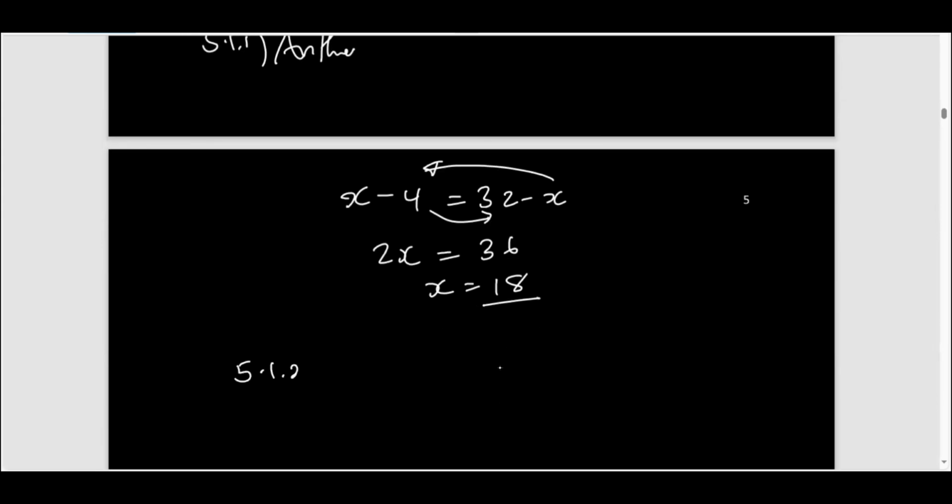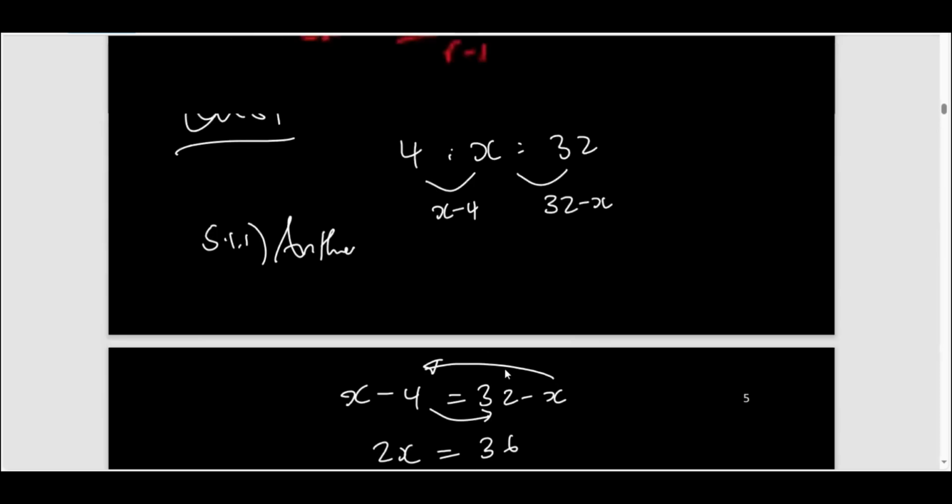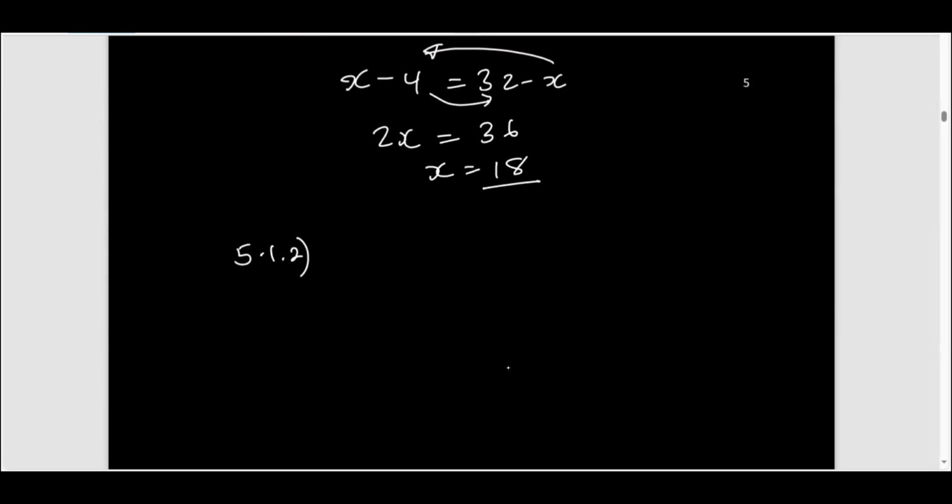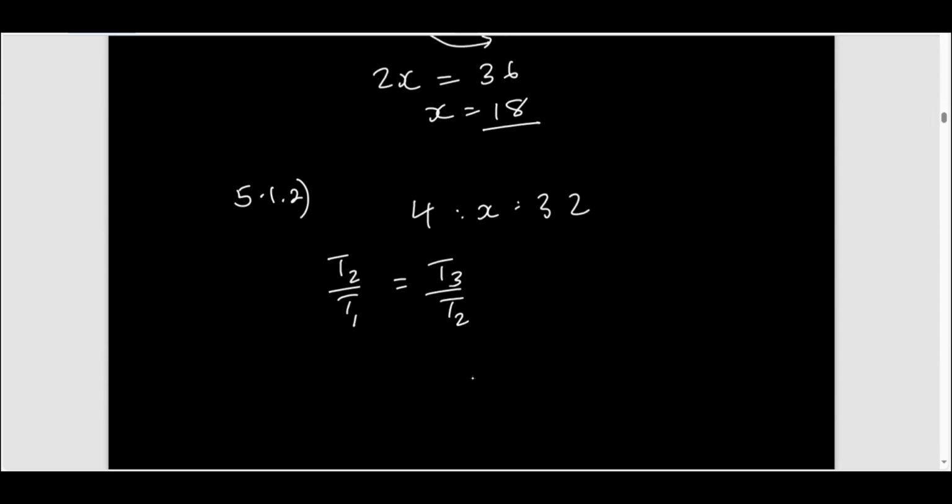And then 5.1.2, we said 4, x and 32. Okay, we're just gonna get the ratios, okay? That T2 over T1 should be equivalent to T3 over T2. So that's going to be x over 4 is equivalent to 32 over x. And then let's do the cross multiplication. So x and x, we shall get x squared.